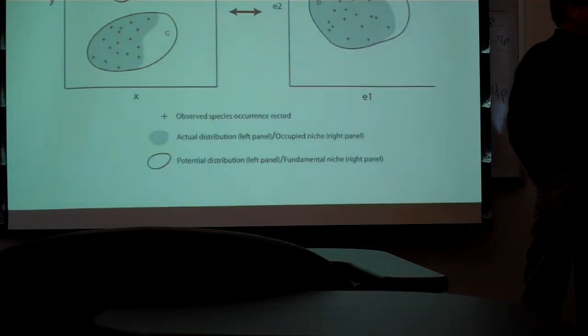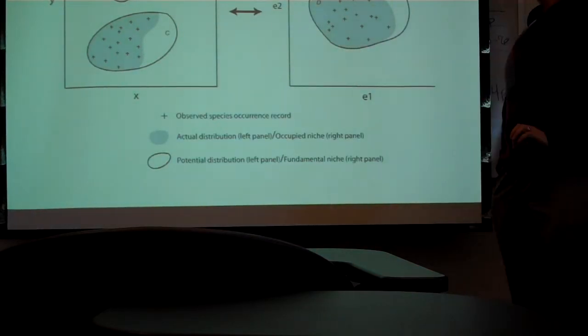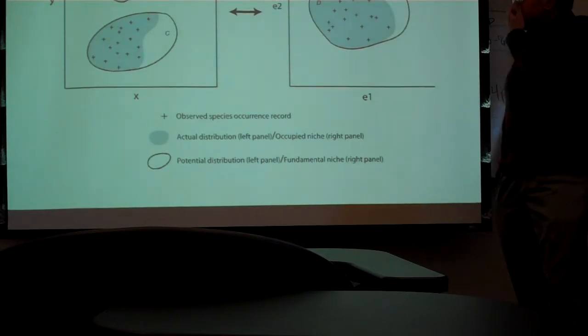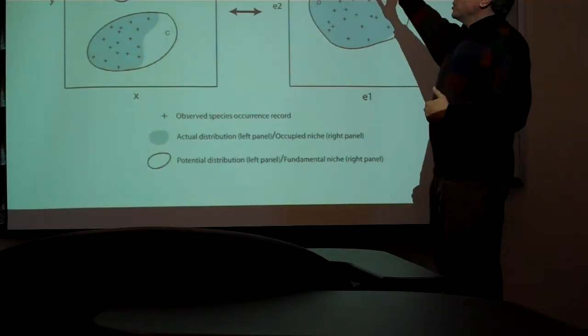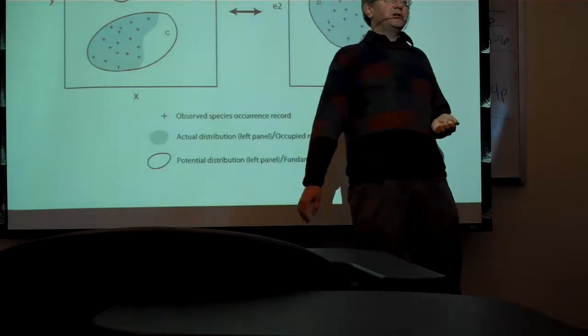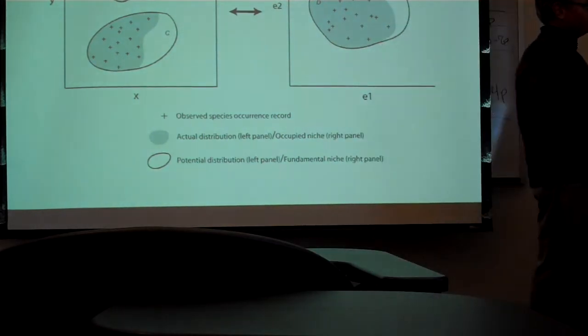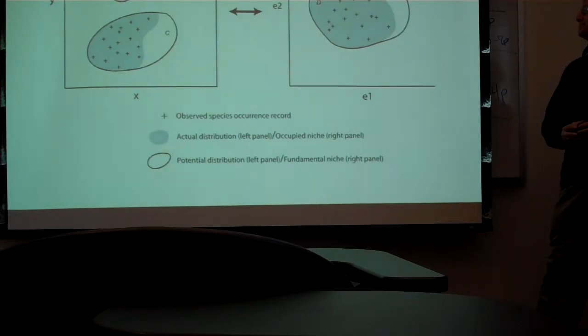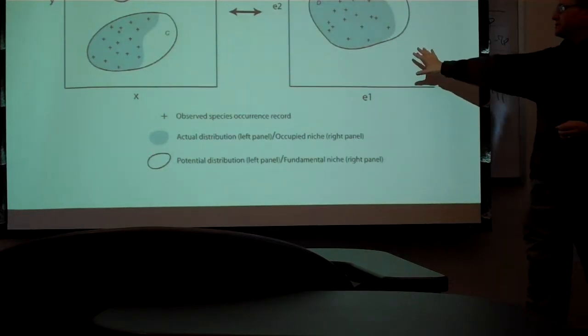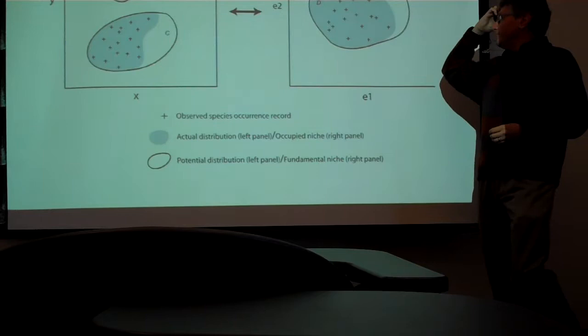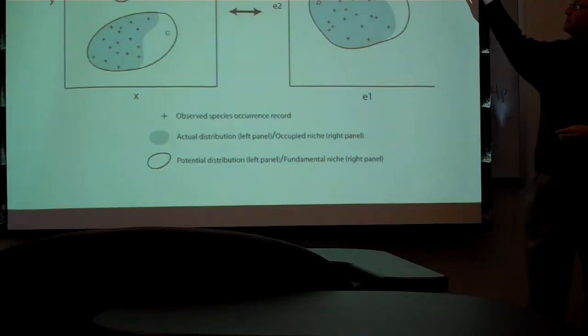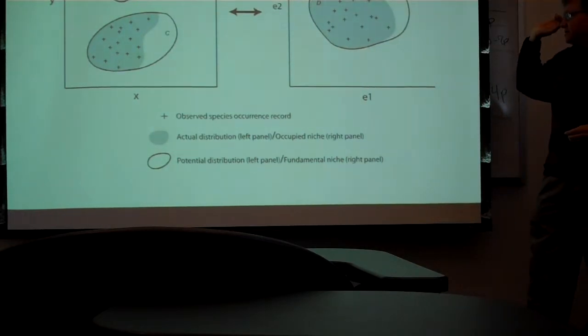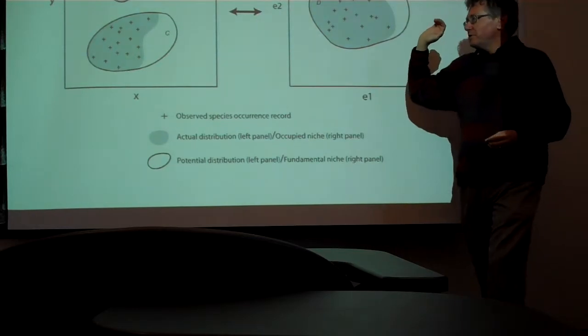Okay, so now we're going to go on to a particular application, an ecological or conservation biology application, although you can imagine other uses of it as well. The idea of a species distribution model is that we have a bunch of observations.